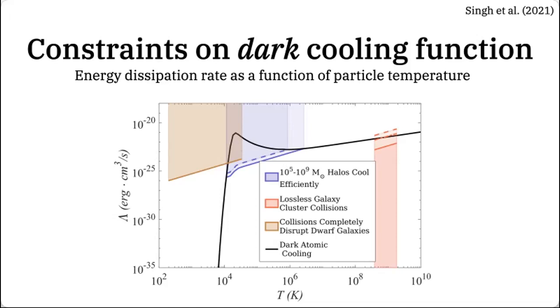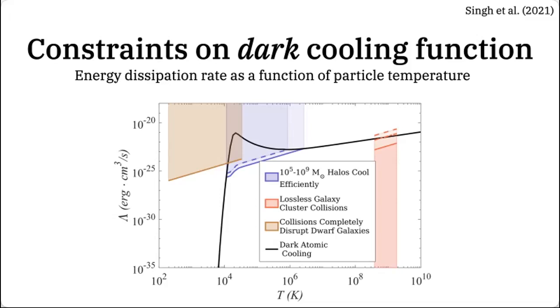So it's not just the gravitational wave detection. We can also play this game by combining other astronomical observations into this plot, the so-called cooling function, or how the cooling efficiency changes as you change the quantum states.